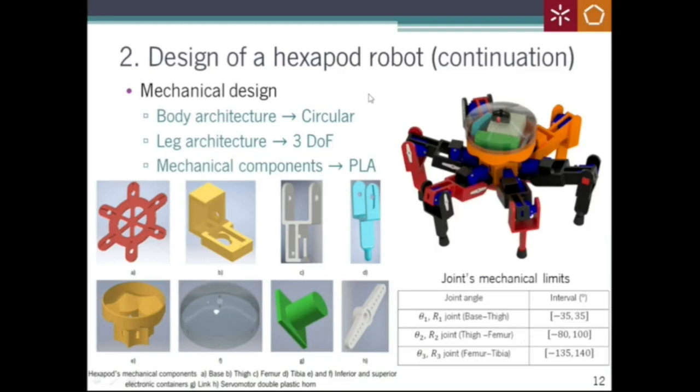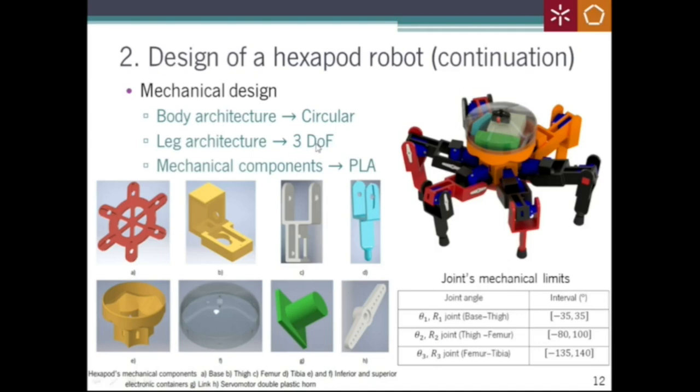The shape chosen for the robot's body was circular due to its omnidirectionality, having more types of gaits and greater stability. As locomotion is planar, 3 degrees of freedom per limb are sufficient.